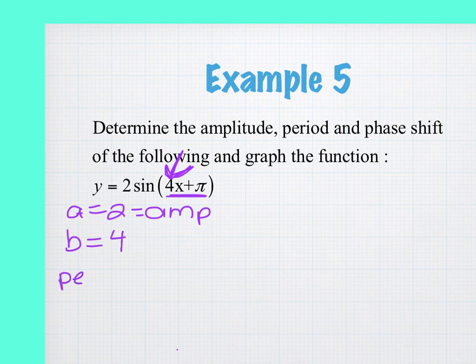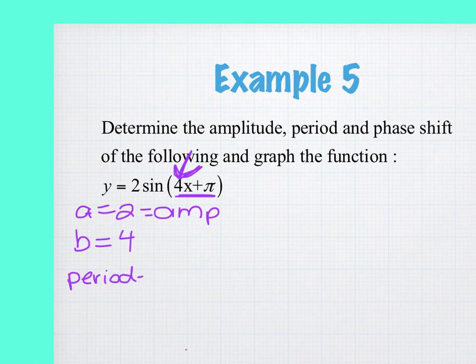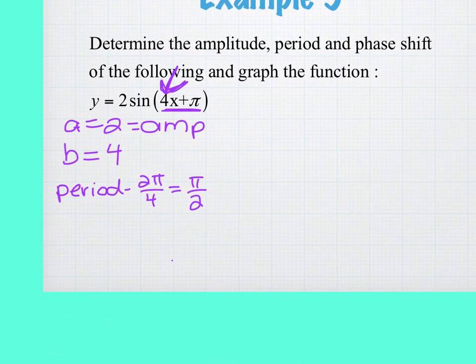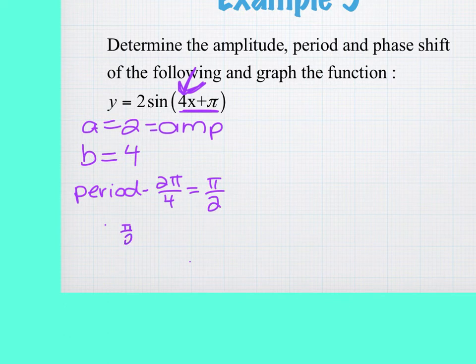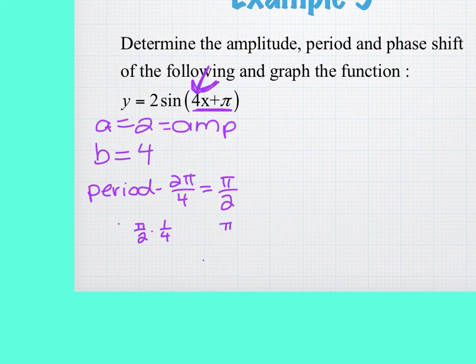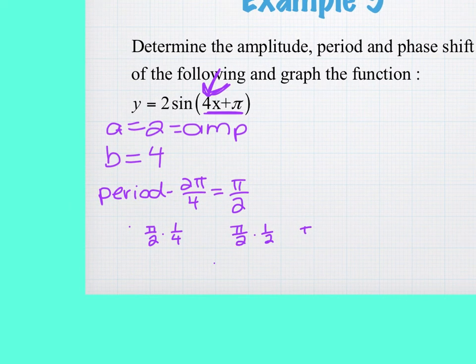So period is 2 pi over 4, which is pi over 2. So this is really narrow if we think about it in terms of our general one. It's 1/4 its size. Now I take that period and I do 1/4, 1/2, and 3/4.